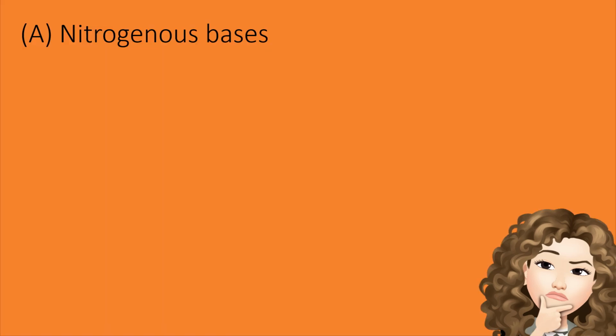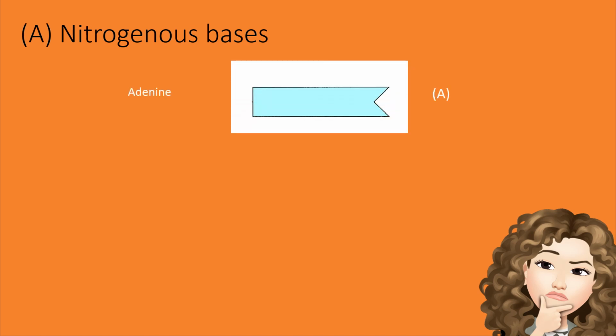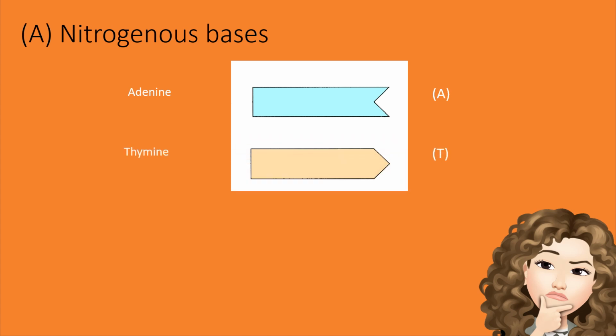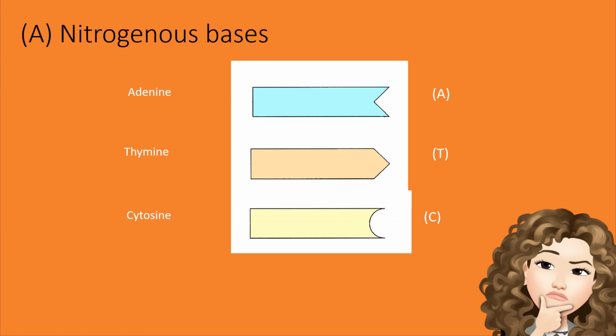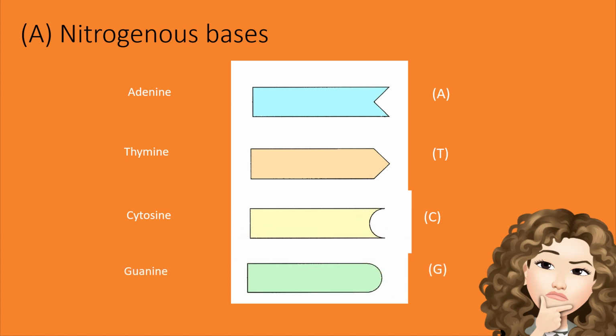For the first part, our nitrogenous bases, we have five. We have adenine, which can be found in both DNA and RNA, thymine, which can only be found on DNA, cytosine, which can be found on both DNA and RNA, guanine, which can be found in both DNA and RNA, and uracil, which can only be found in RNA.